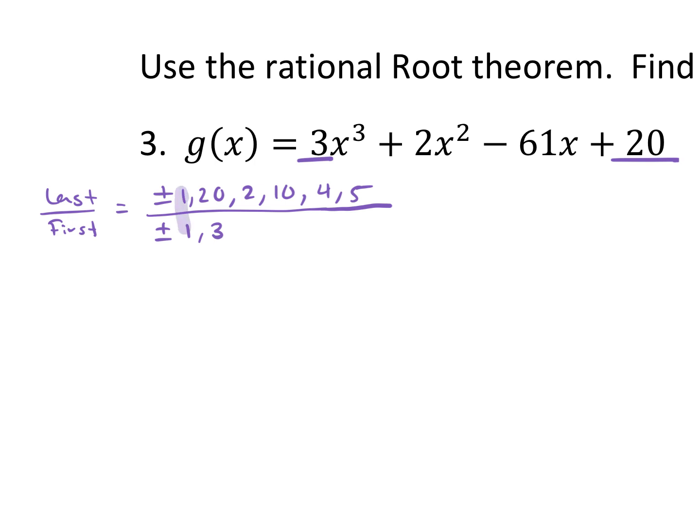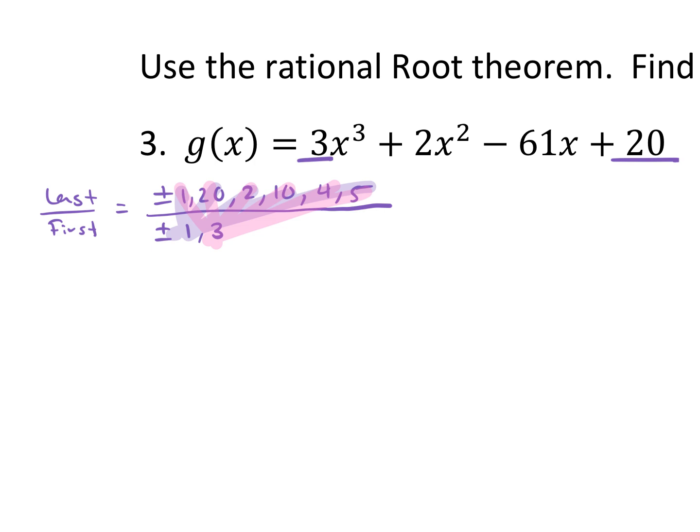So we have all of the whole numbers. We've got 1 over 1, 20 over 1, 2 over 1, 10 over 1, 4 over 1, 5 over 1. But we also have the fractions. We have 1 over 3, 2 over 3, 20 over 3, 10 over 3, 4 over 3, and 5 over 3. My suggestion would be try all the whole numbers first.